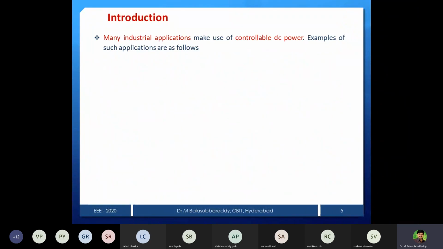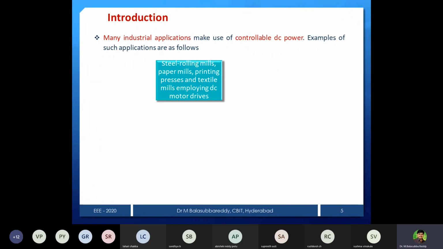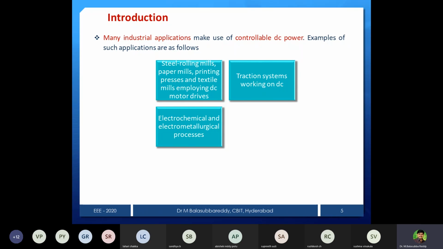Now, there are many industrial applications of controlled DC power. Such applications are steel rolling mills, paper mills, printing presses, and textile mills. For all these DC drive applications we can use a phase control rectifier, and traction systems work on DC only. Then electrochemical and electrometallurgical processes can use DC supplies.